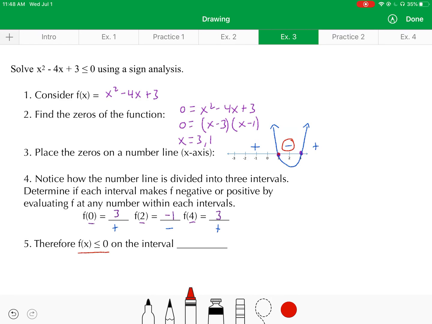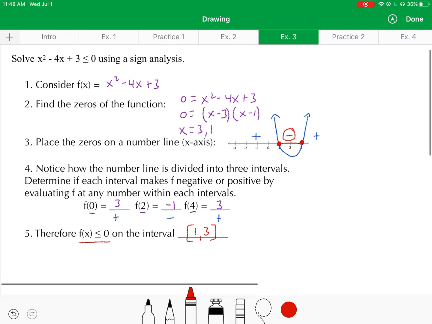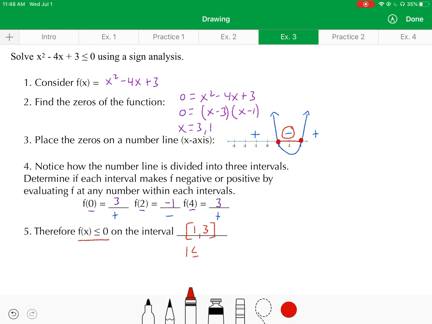So basically my solution would be anything from 1 to 3, okay? And I'm including 1 and 3 this time. So I could write the interval as so, or I could come up with an inequality.